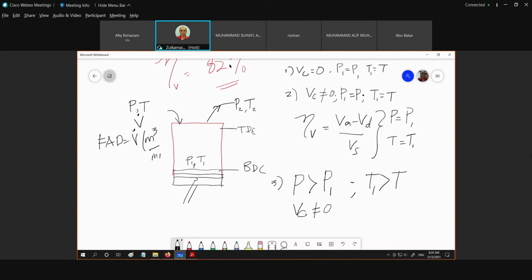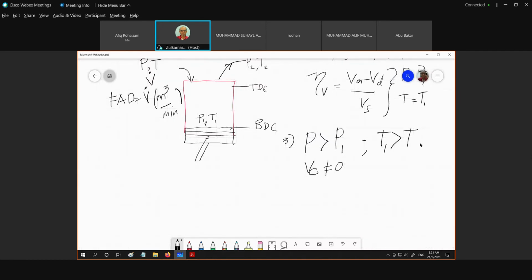And this is the standard unit for free air delivery. So this is free air. Where does it deliver to? It delivers to our condition P1, T1. Okay, P1 and T1.